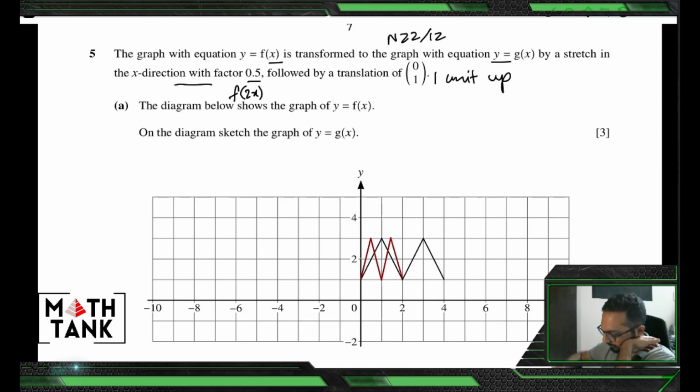So there it goes. And I can erase the red one. Okay, so that's going to be my final answer for this question. That's an easy 3-mark question.